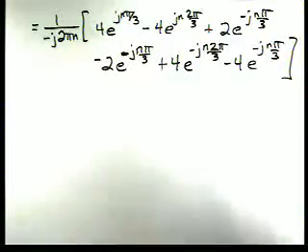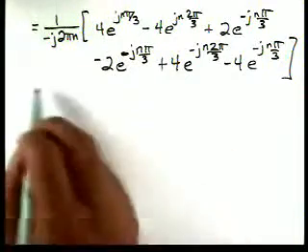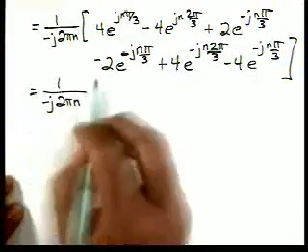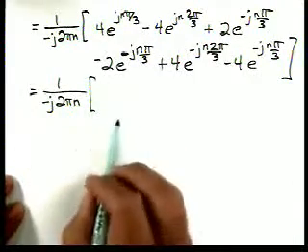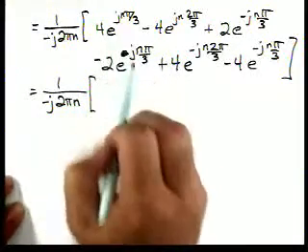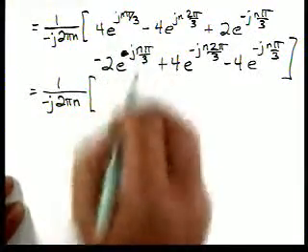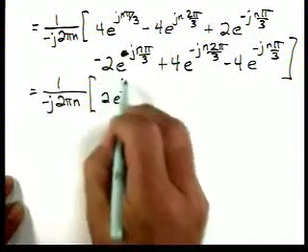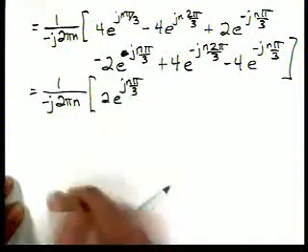Okay, so now if we go in and collect terms, we have two terms with e to the j n pi over 3, and we combine those to get minus 2 e to the j n pi over 3.